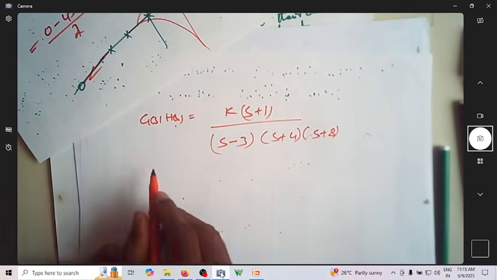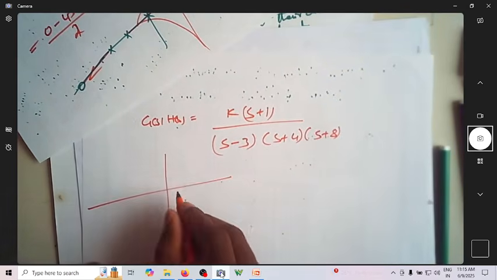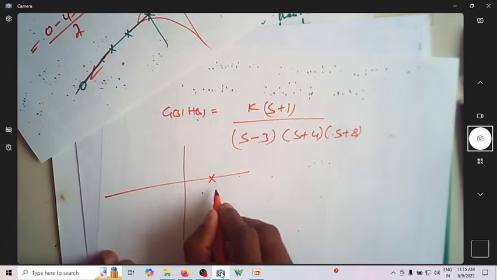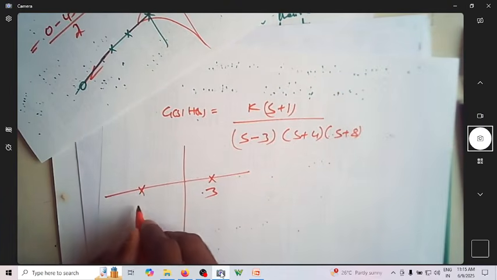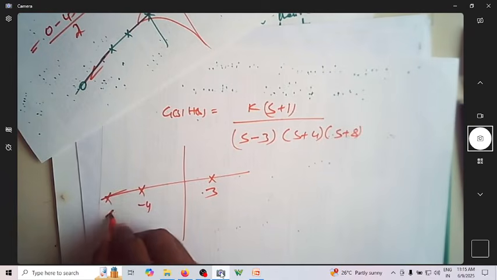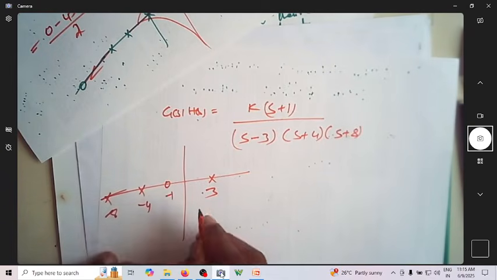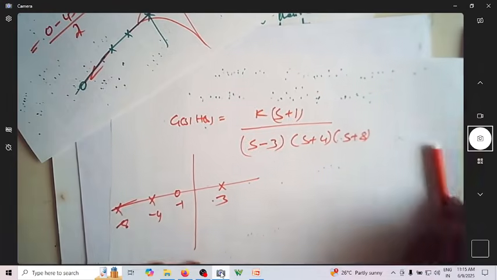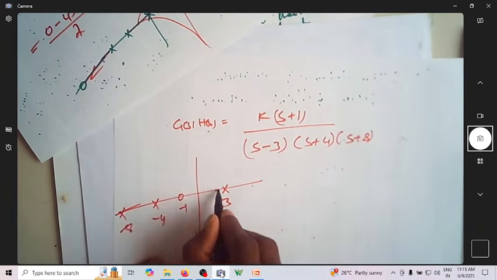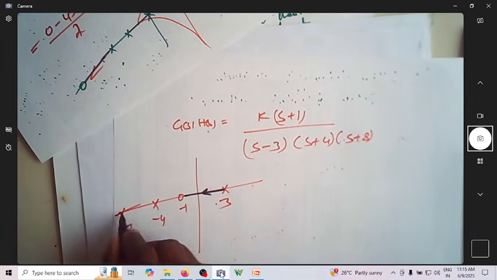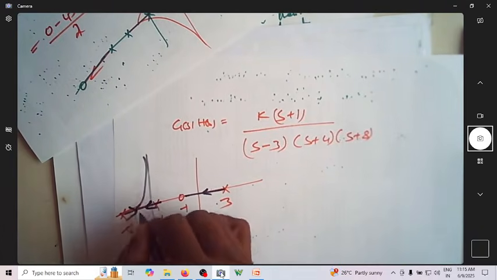Now you can see the poles: there is a pole at 3, this is at minus 4, this is at minus 8, and this is at minus 1. You can see this actually comes here, the pole actually goes somewhere.